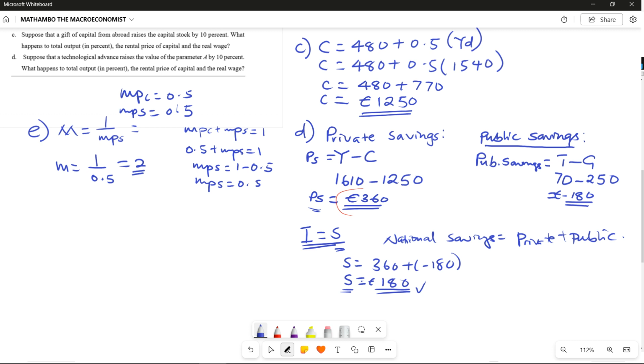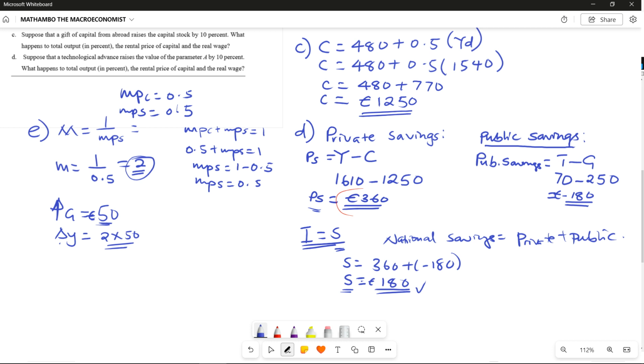For instance, let's say there is an increase in government expenditure by 50 billion euros. Then the impact of this 50 billion increase on y will be twice the 50, because our multiplier is 2.